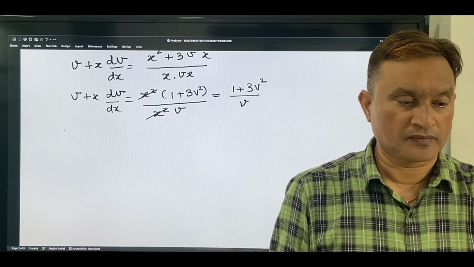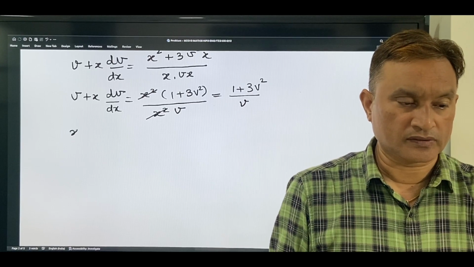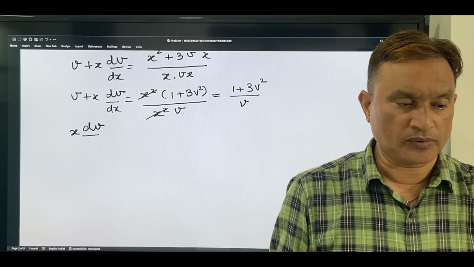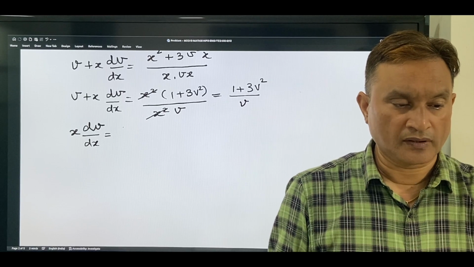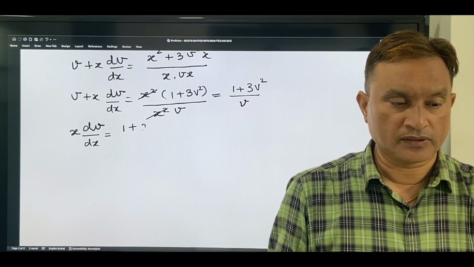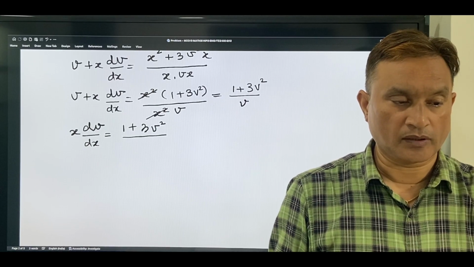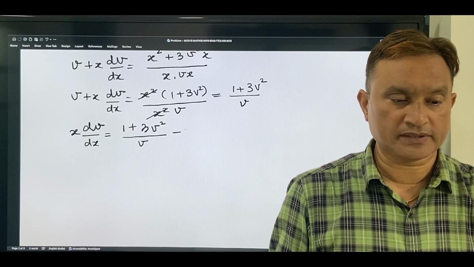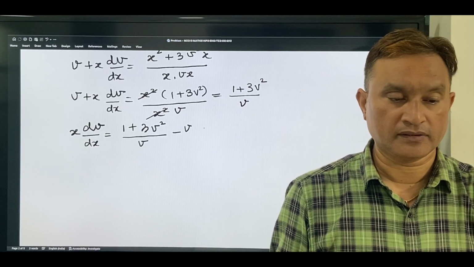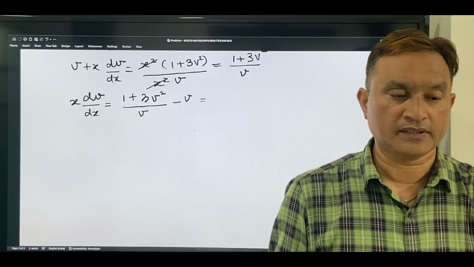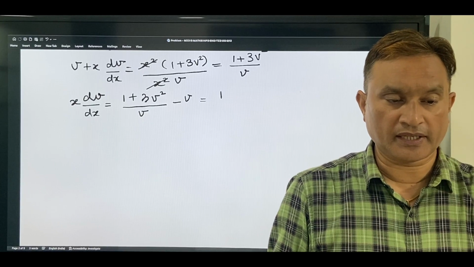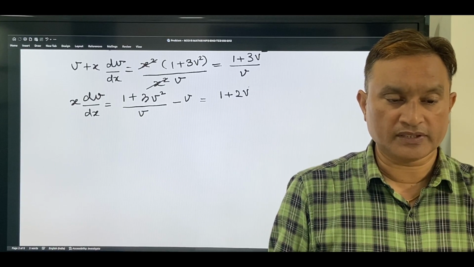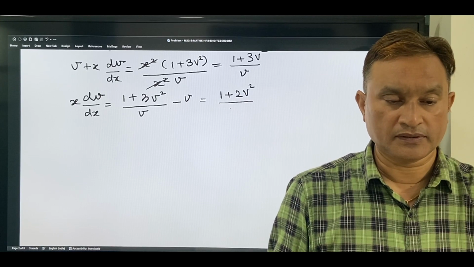We can simplify further. So x dv upon dx equals (1 plus 3v square) upon v minus v here. So we will simplify this. v and v will multiply, become v square. So we will be getting here (1 plus 2v square) upon v.